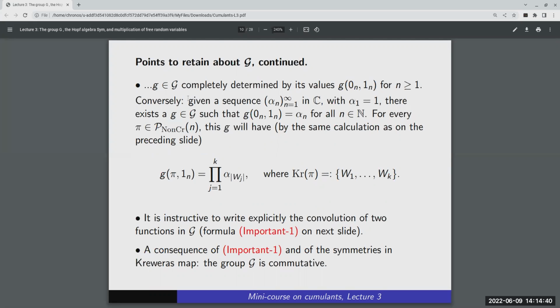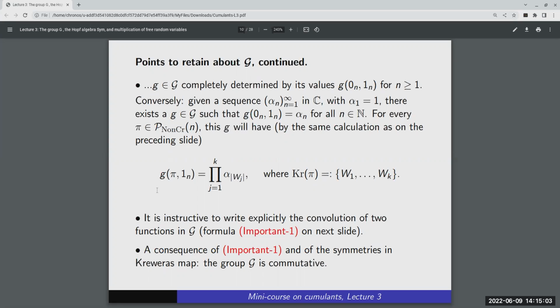And again, there is a converse: you have some freedom here. Somebody gives you any sequence; of course, the concern is with the beginning, so alpha 1 must be 1, but otherwise for any alpha n's, you can prescribe a G in this group of multiplicative functions G, which has G of 0n, 1n equal to the given alpha n's.